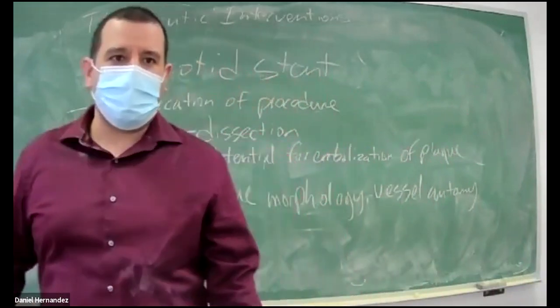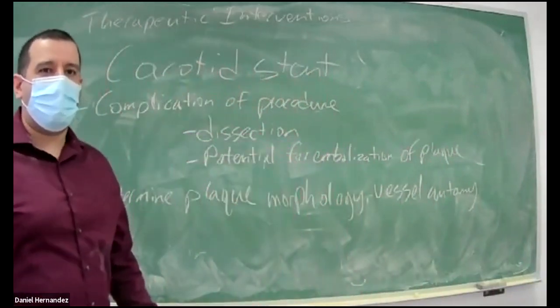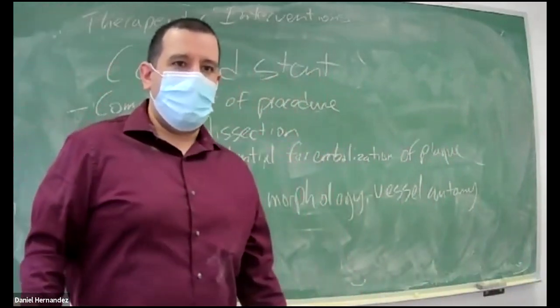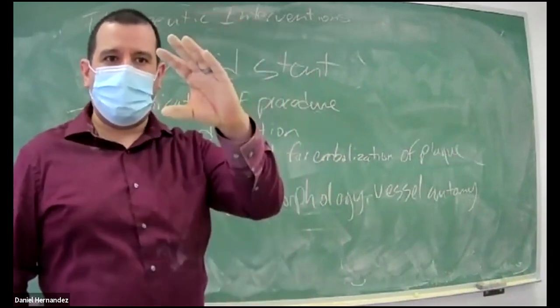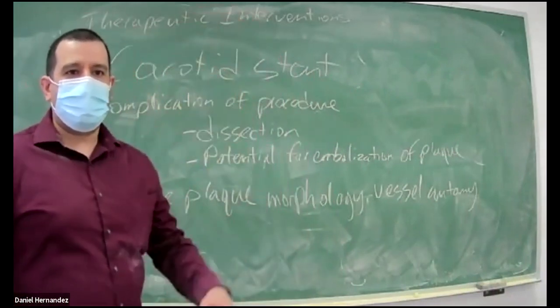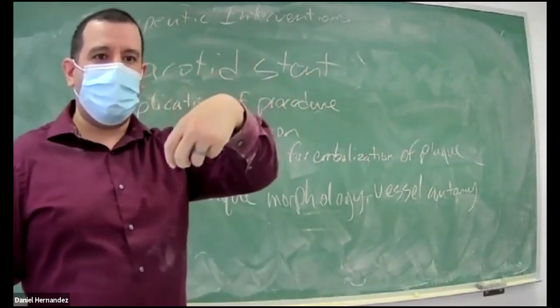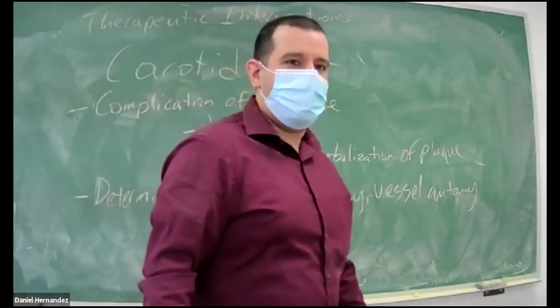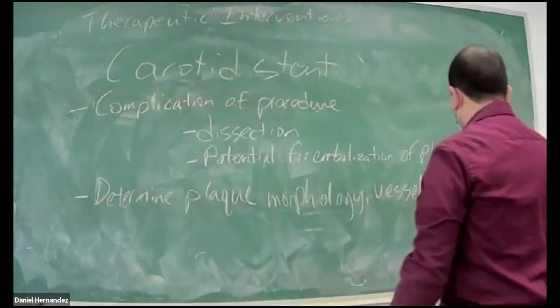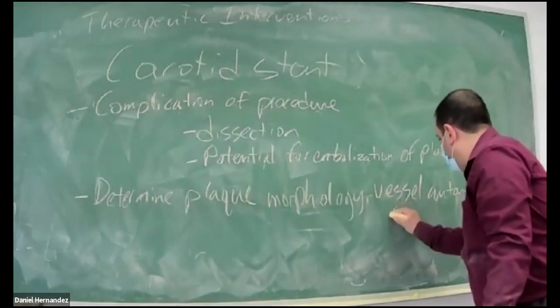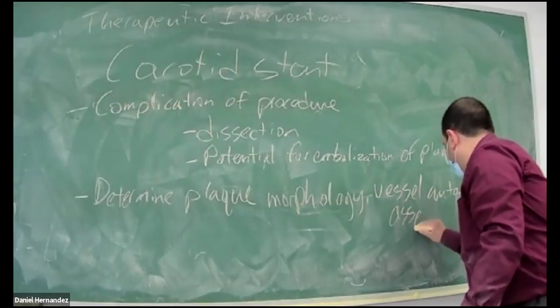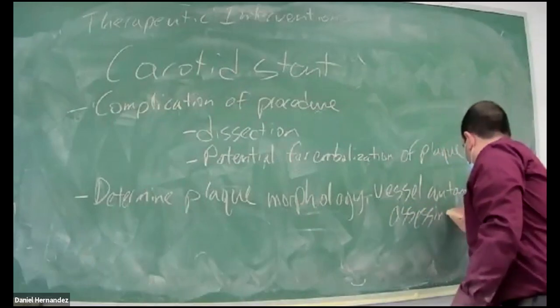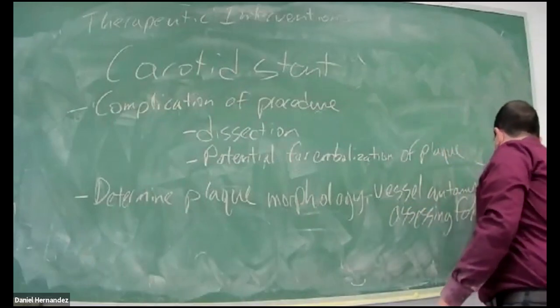What that means is, are the vessels very tortuous? It's going to be hard to stent open. Is the area that we're stenting on a curve, or is the vessel straight at that point? Because if you're trying to stent open a vessel that's very tortuous or very curved, that can be quite difficult, and stents may not be a good option. The vessel anatomy, assessing for tortuosity.